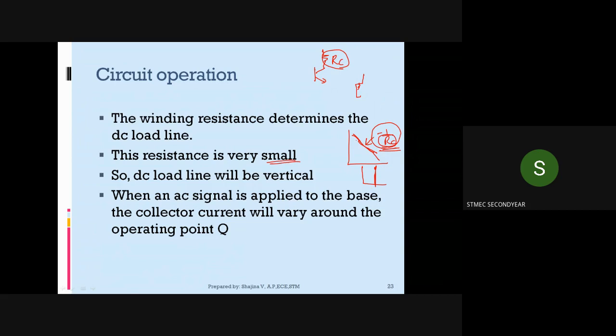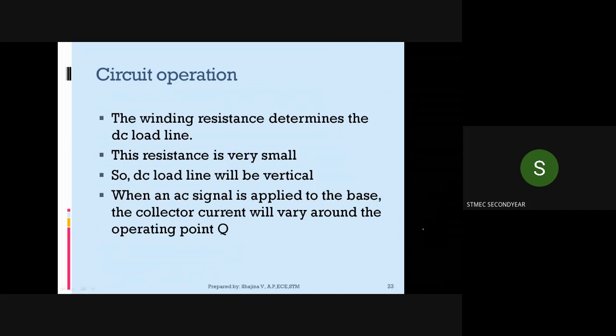So normally we draw the DC load line like this. But in the case of this transformer coupled class A power amplifier, since instead of collector resistance we are connecting the primary winding of the transformer to the collector terminal, the load line depends upon the winding resistance of that winding. This value will be very small, so we obtain a vertical load line.